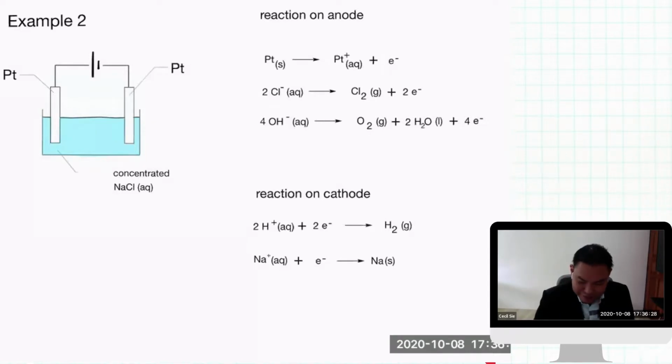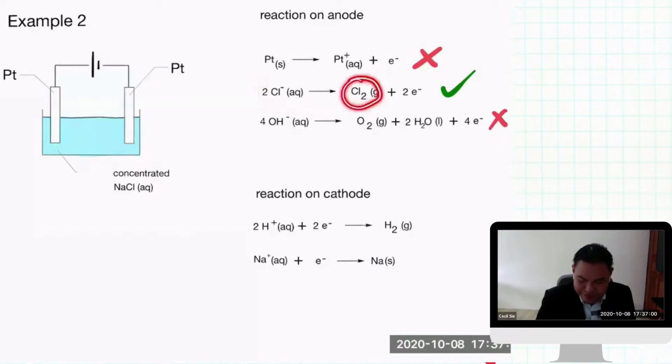So left with 3. Out of these 3, the platinum we erase also. It won't react. So between these 2, which one you choose? Very simple. You choose Cl minus because now it's concentrated. Concentrated means the concentration is high. So chlorine is more likely to react than OH minus. So that's example 2.